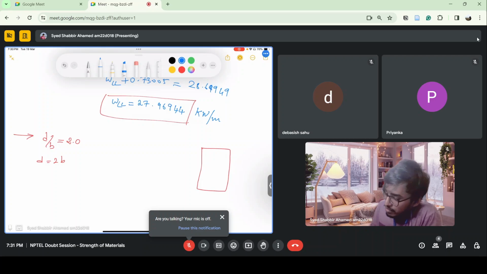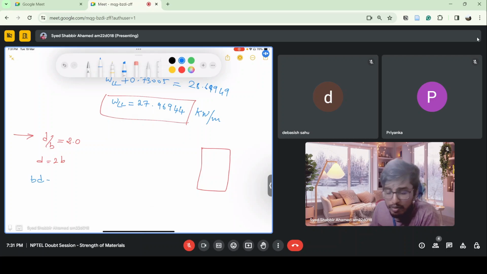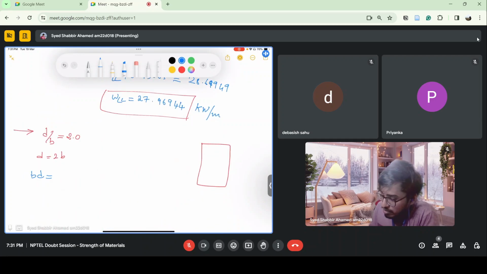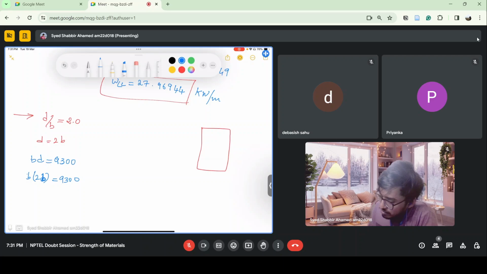Again, the area of cross section of this rectangle should be equal to the area of cross section of the box section which was given, 9300 mm square. So B into 2B is 9300, and B squared is 9300 by 2.